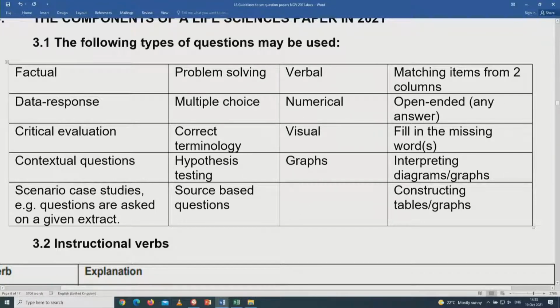Graphs, visual questions like diagrams with labels, a picture maybe from an article from a magazine, correct terminology, multiple choice, problem solving, etc. I removed the part that says essay, because this was for all SBA tasks; maybe in future we will definitely use the essay in the source-based essay in the assignments. But we are done with assignments this year, so an essay is not applicable to these papers.